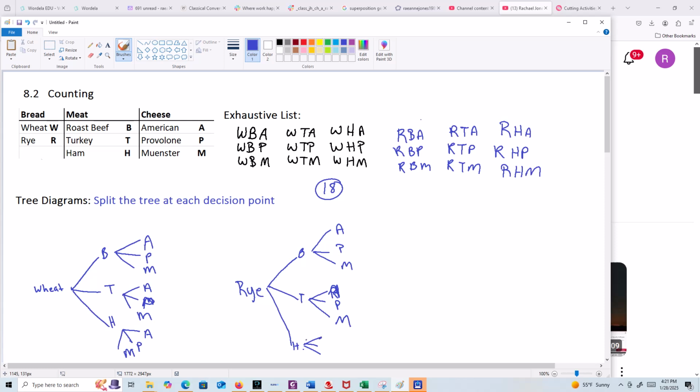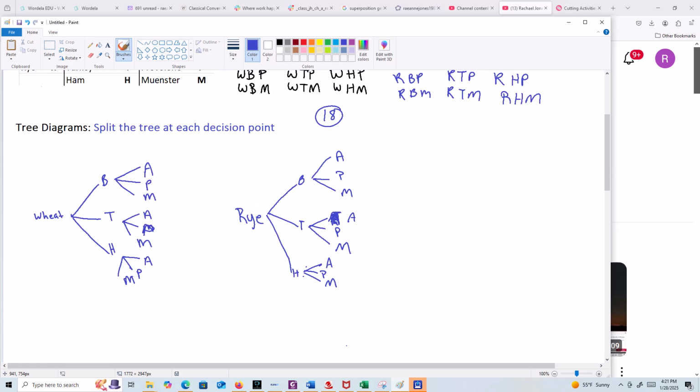American, provolone, M. And now we've created the tree diagrams that are described on 370. Hopefully you understand what I just did at each split, each split in the tree that shows a decision point.